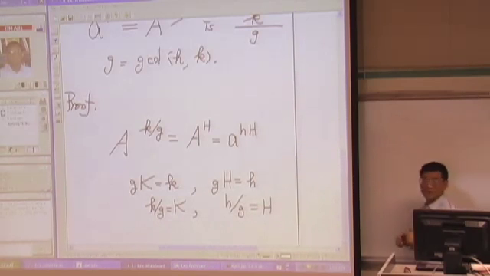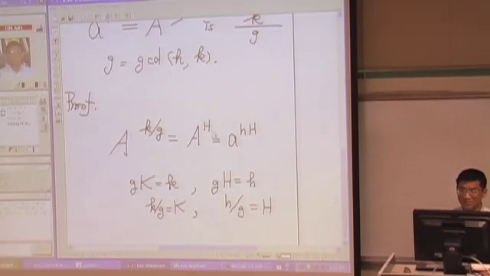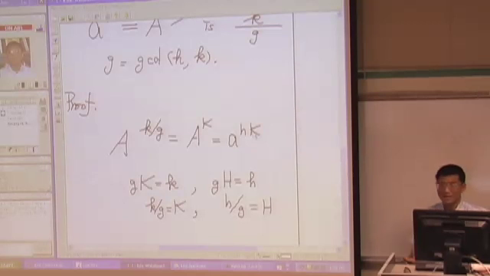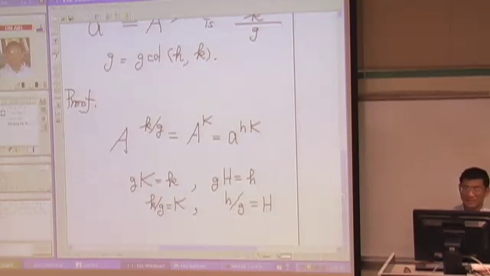Oh, why did I write suddenly H, K? Sorry, this is K. Do you see it? It's H, K. Now, the next line, I will go to the next column because we don't have enough space.